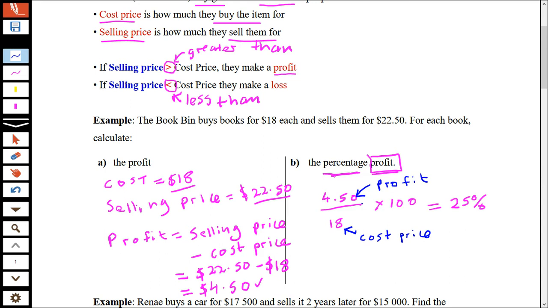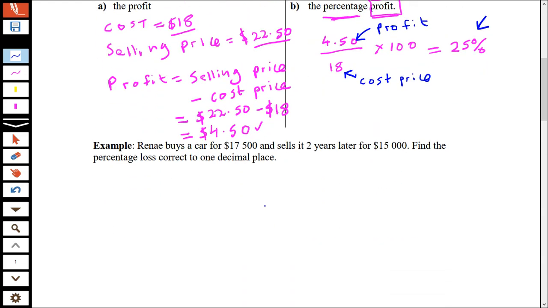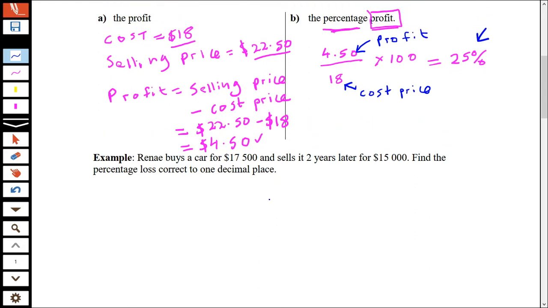Okay, so profit divided by cost price multiplied by 100. Make sure you add the percentage sign there as well, and that gives you the percentage profit. All right, copy all that down, and then we'll look at the second question. In fact, you could pause the video now and have a go at the second question by yourself. So let's have a look at the second question.